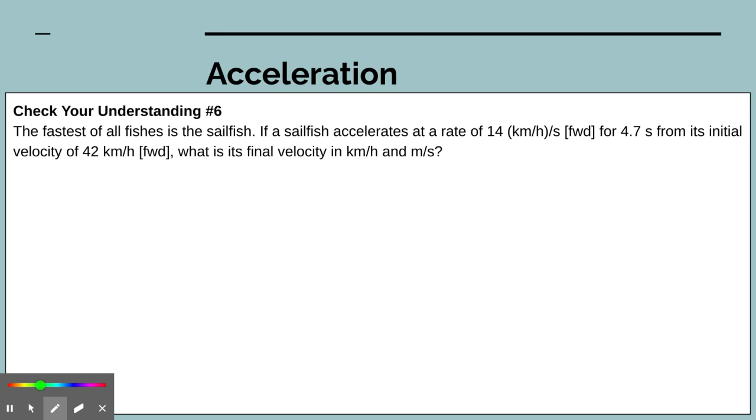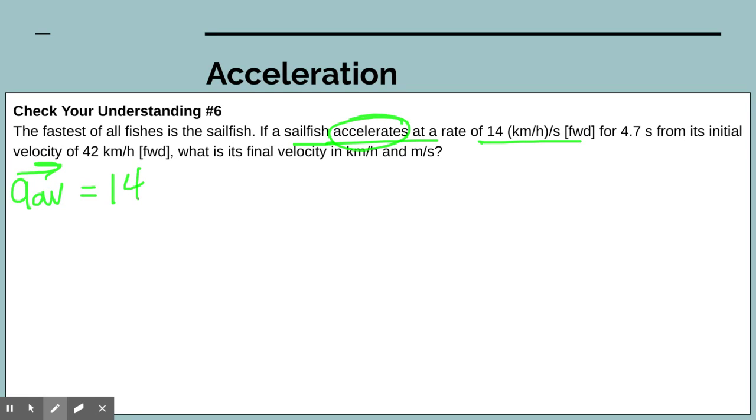So let's take a look here. We are first given acceleration, and we can see by the units that it's average acceleration. It's going to be 14 kilometers per hour per second. A whole lot of units there.